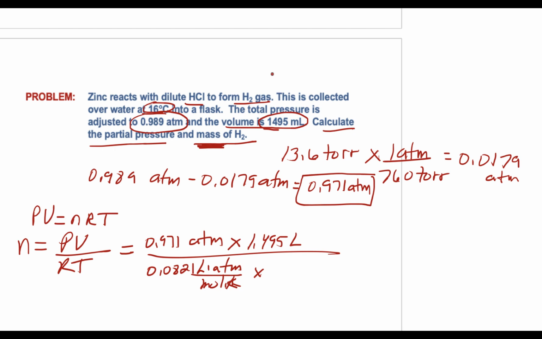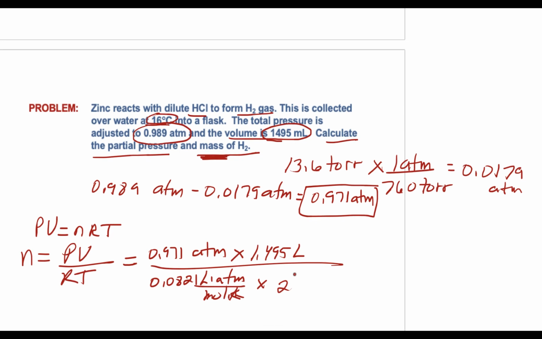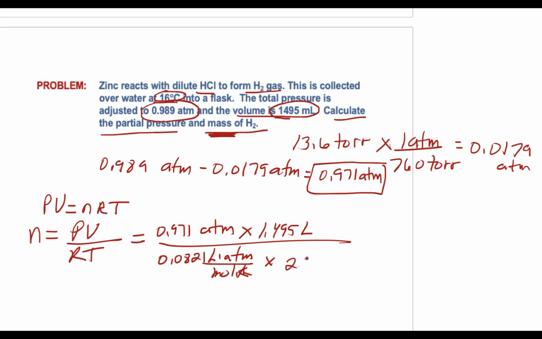So 16 plus 273, that's 289 Kelvin. And we see that temperature cancels, atmospheres cancels, liters cancels. So we're going to end up with moles.